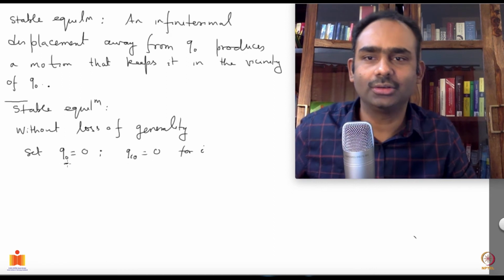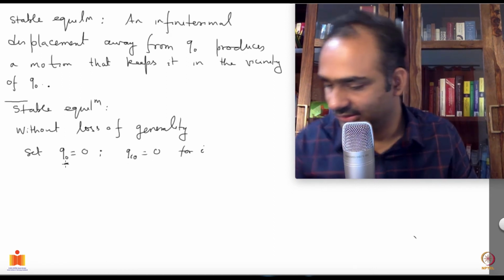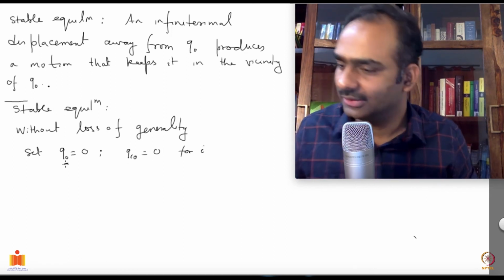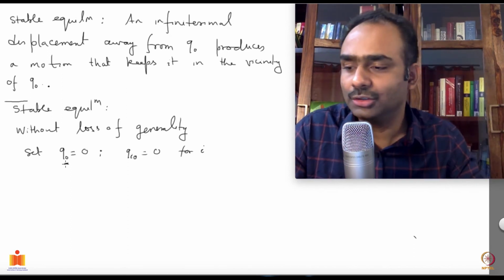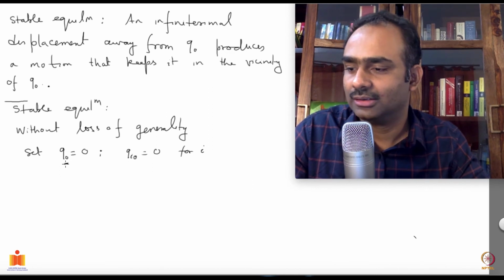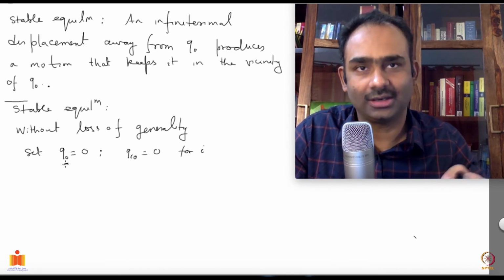Here q naught stands for the entire set of coordinates. That is good. Now I'm going to be interested in small displacement around q naught.